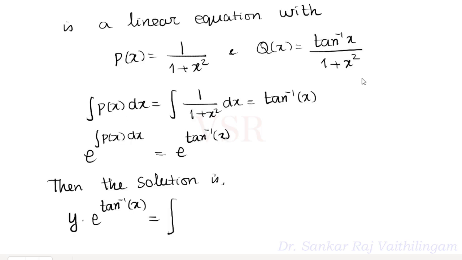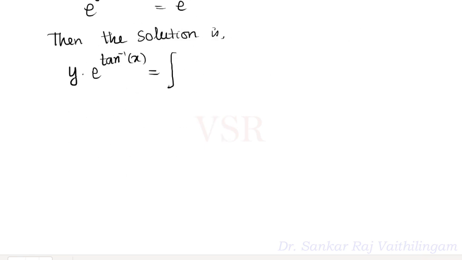Q is tan inverse of x divided by 1 plus x square. We will have this is tan inverse of x divided by 1 plus x square into e to the power tan inverse of x into dx.